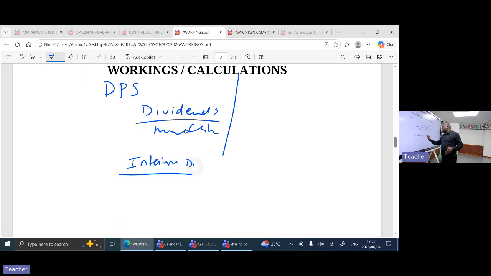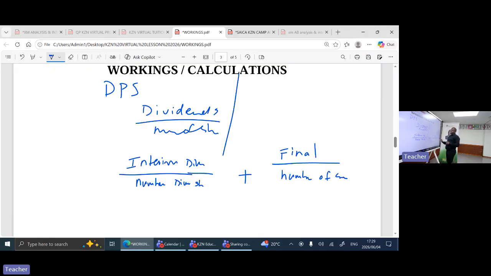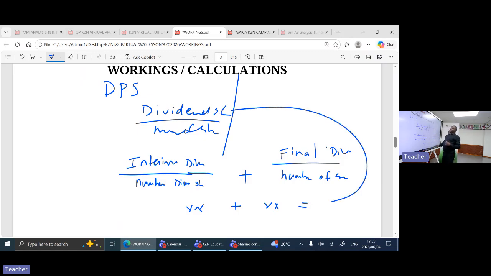You take your interim dividends divided by the number of shares that were on the register when you issued interim dividends, plus final dividends over the number of shares that were on the register when we issued final dividends. After that, you add the answers that you get here. Then your answer will be your DPS, your dividend per share.